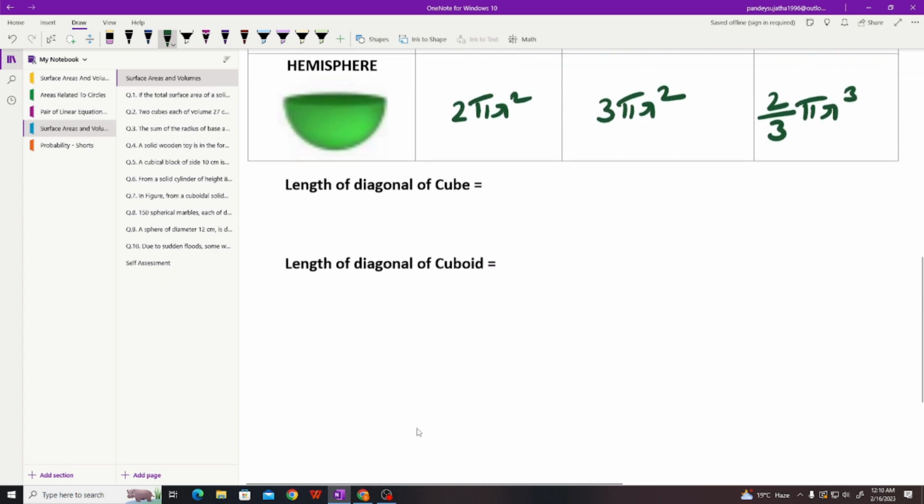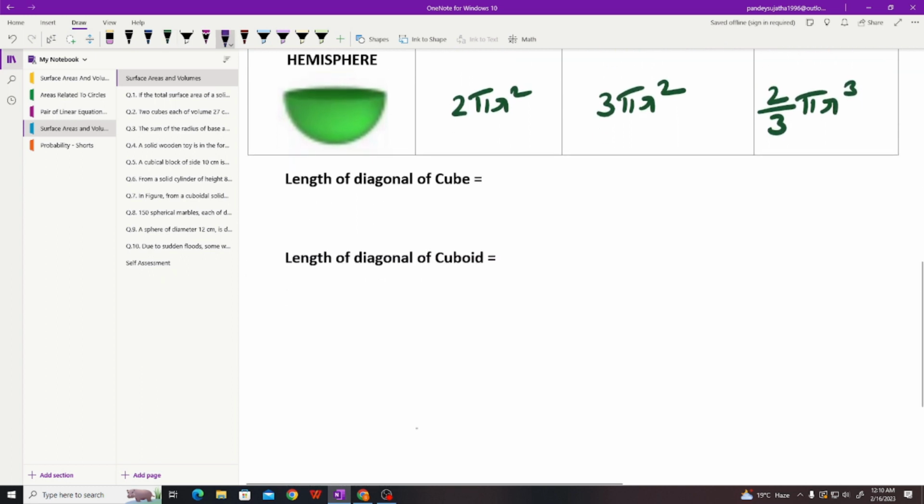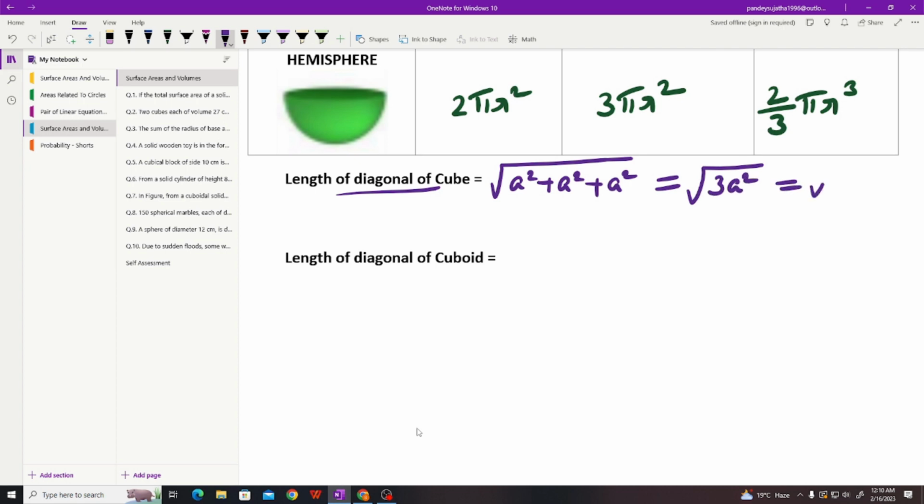Now to find the length of the diagonal of a cube, it is root of a square plus a square plus a square, where a is the edge of the cube, which is equal to root of 3a square, further equal to root 3 into a, that is root 3 into side.